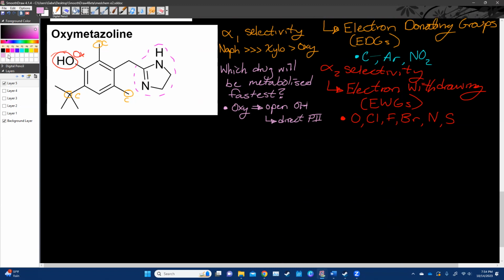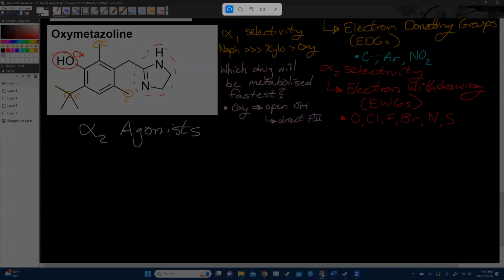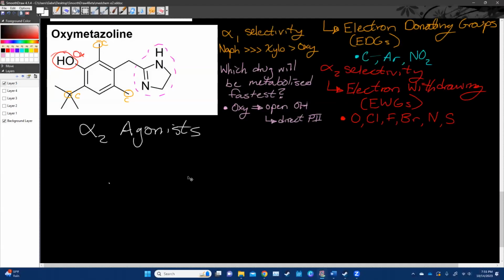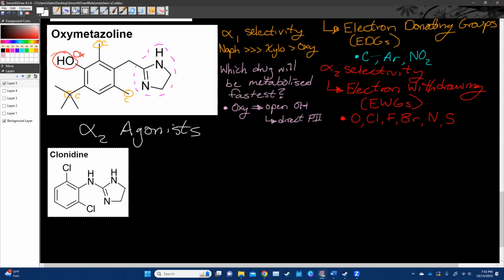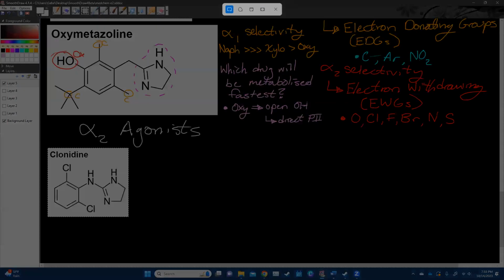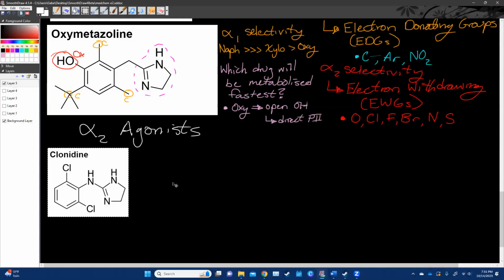So when we look at our alpha-2 agonists, we expect to see very, very similar things, but electron withdrawing instead. Is this too small? Probably too small.